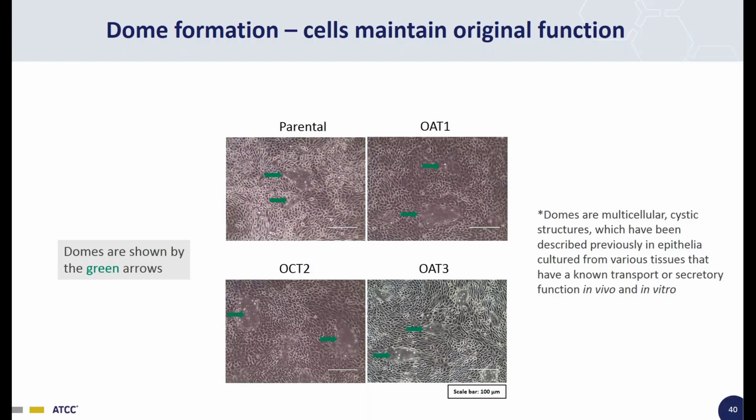You can see in the pictures shown here that the parental, OAT1, OAT2, and OAT3 clonal lines can all form domes very efficiently. These are very important features to recapitulate the in vivo situation.